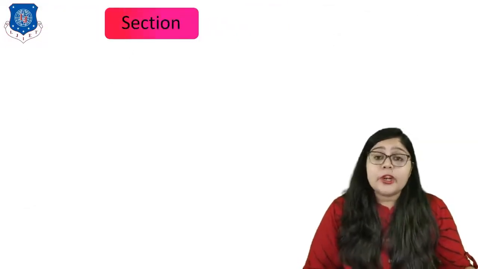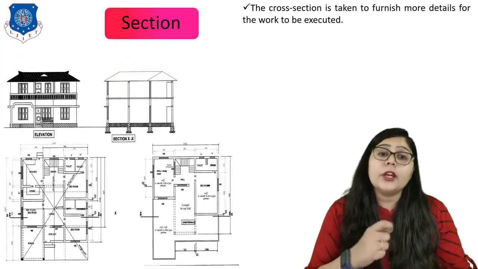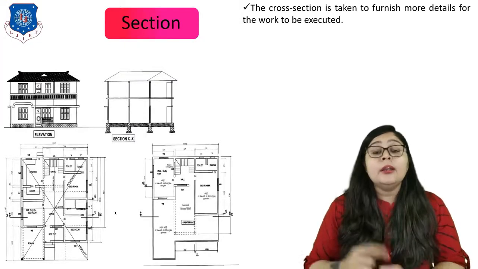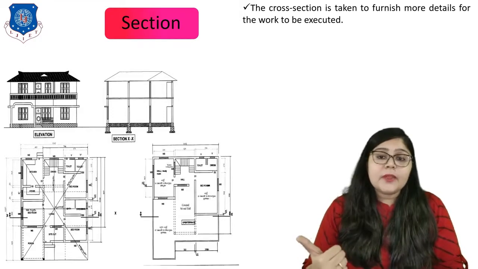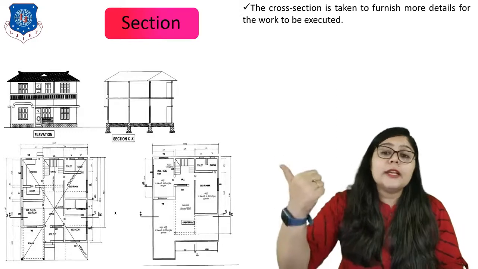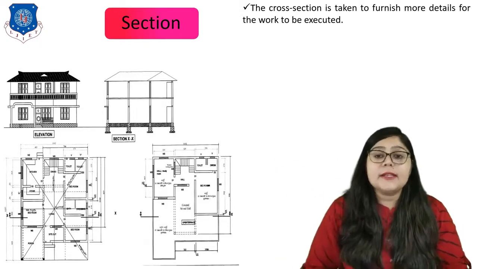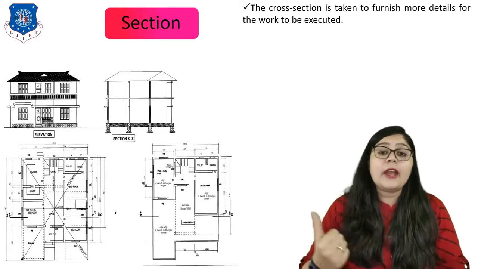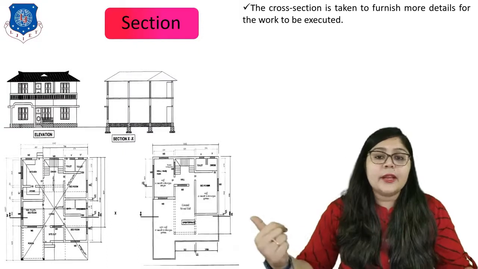Now let us understand what a section is. The cross section is taken to furnish more detail for the work to be executed. Here you can see one drawing where this is the plan. Besides that, it is the detailed plan. Above that, it is the elevation, and by the side you can see the section XX, where in this figure an XX line is mentioned, right?